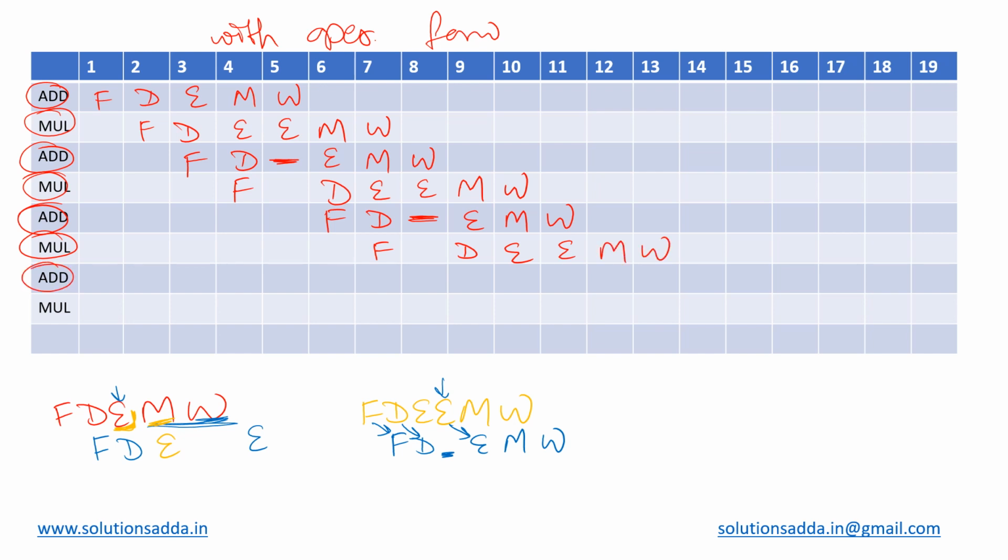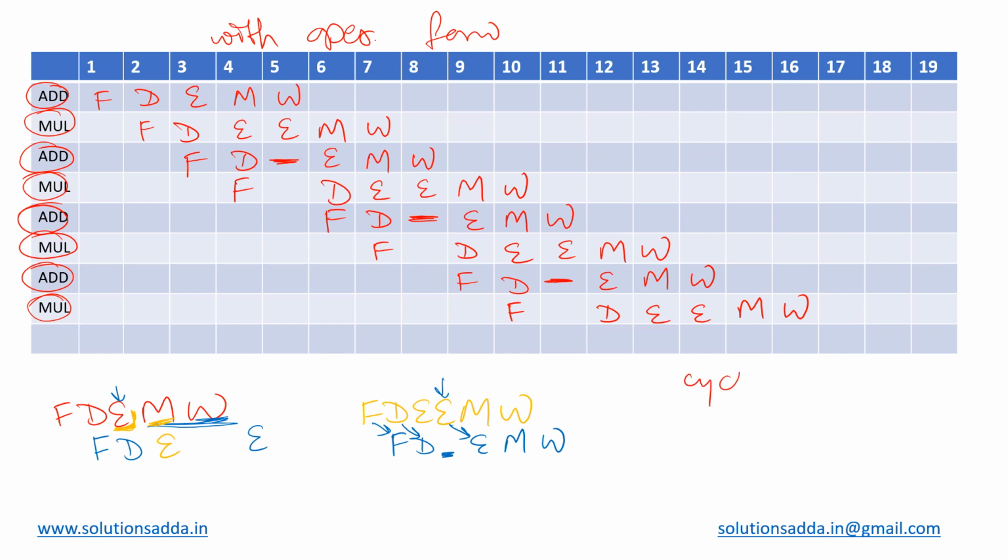Next is an add instruction, so fetch it here, decode, wait here, execute, memory access, write back. Then coming to the last instruction, which is again a mul, we fetch it here, decode, execute for 2 cycles, then memory access and the write back. So this completes our execution.